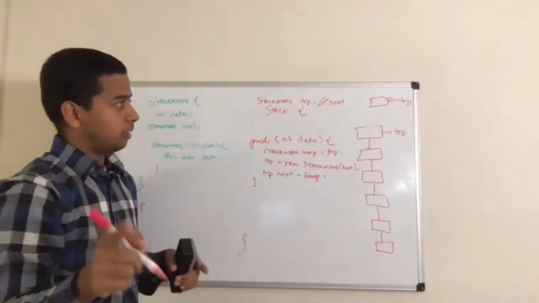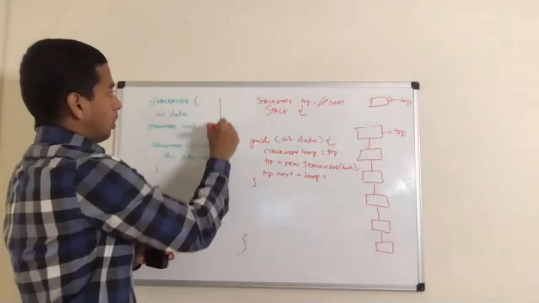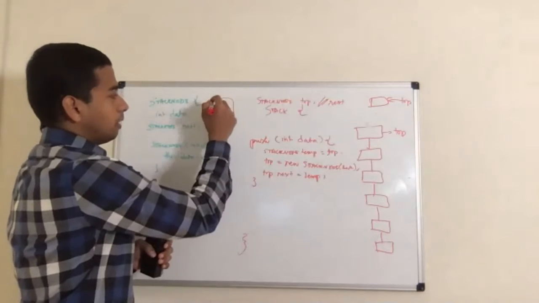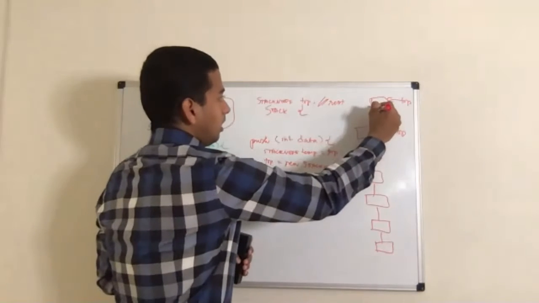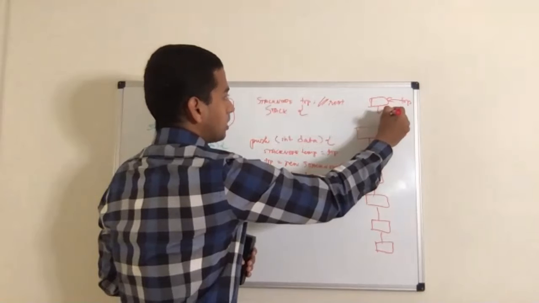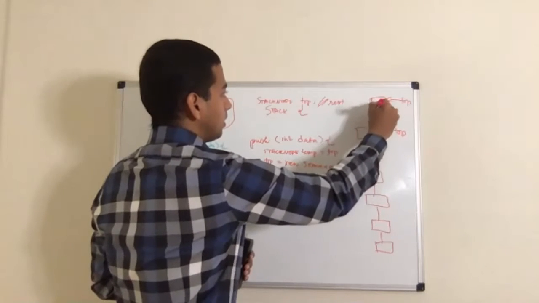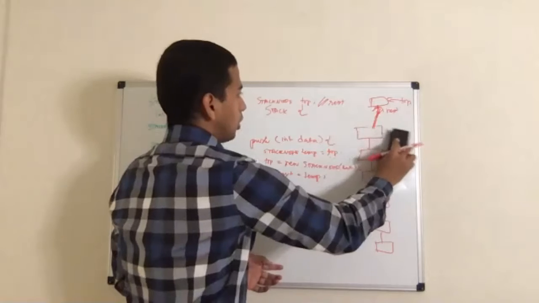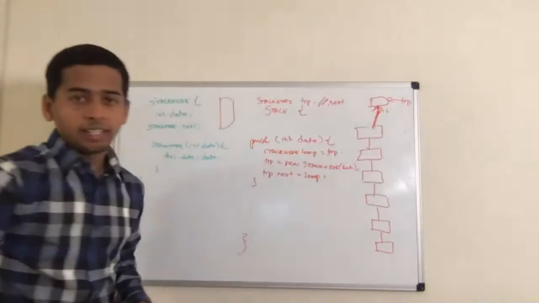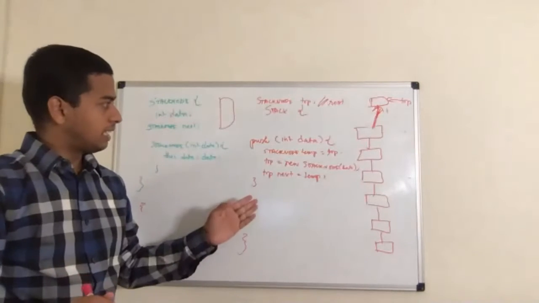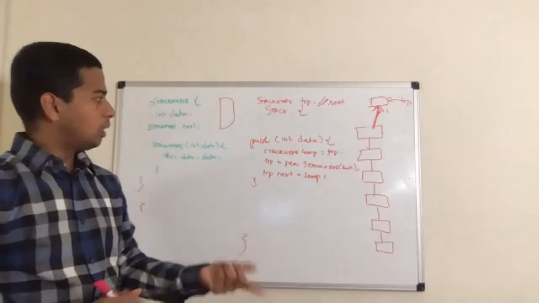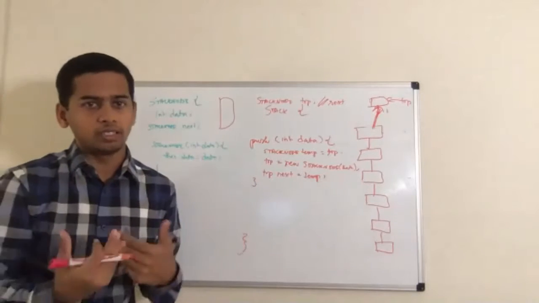Now whatever temp I had, I brought the entire thing and made it the next link to this. Now this temp is connected to this, and this top became the current top. I hope you understood it. It's easy, and you can return a boolean, or you don't have to return. It's up to your choice.